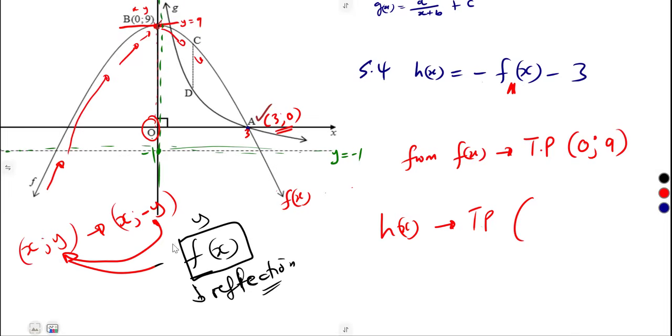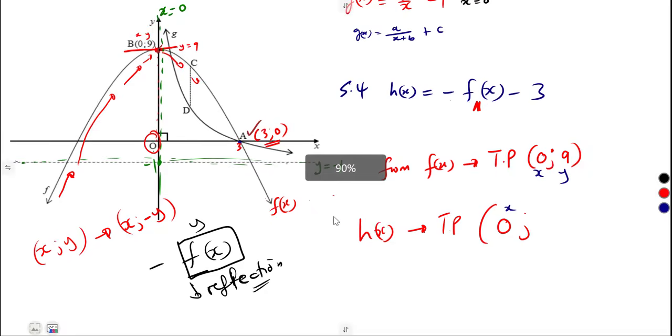From y, it's now minus y. So x is not affected, it remains as it is. The y value is affected. How is it affected? Minus 9.